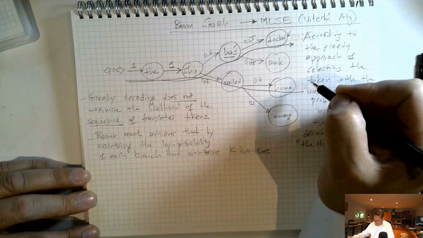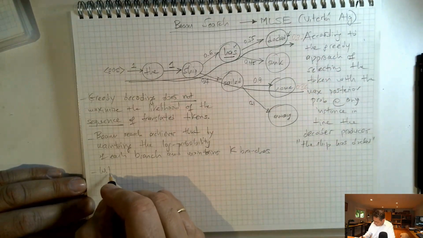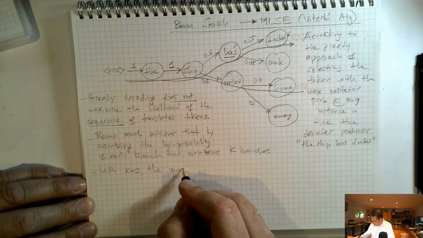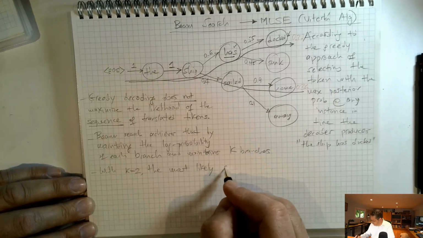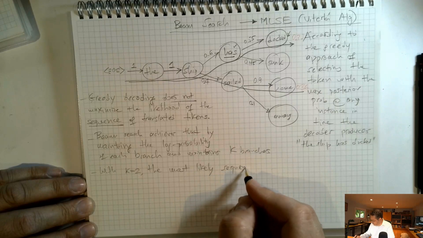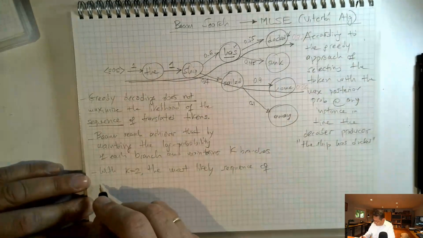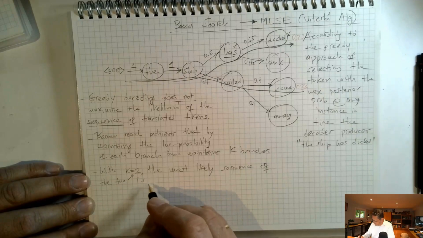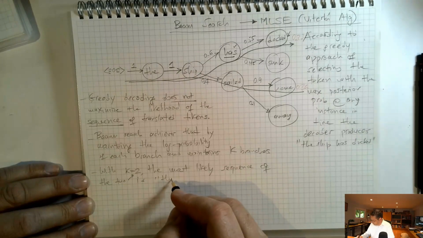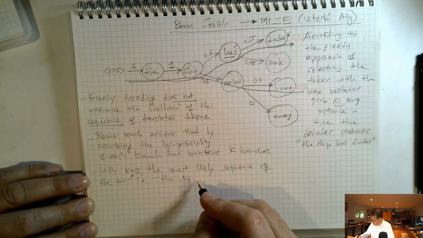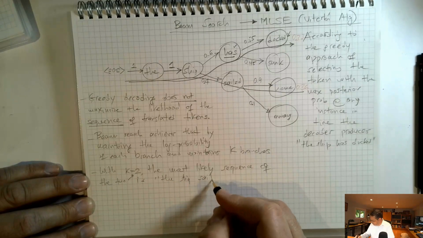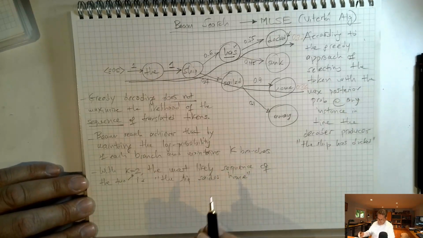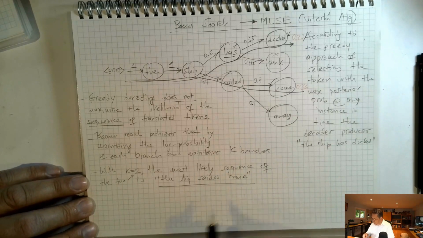And finally, with K equal to 2, the most likely sequence of the two corresponds to: the ship sailed home. And this is what we produce as the translation.